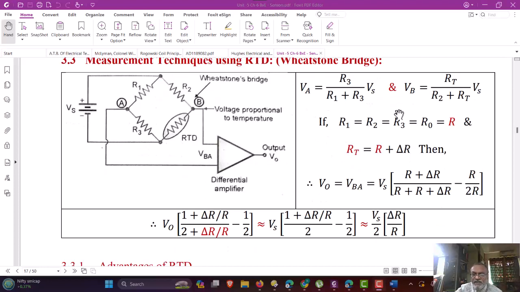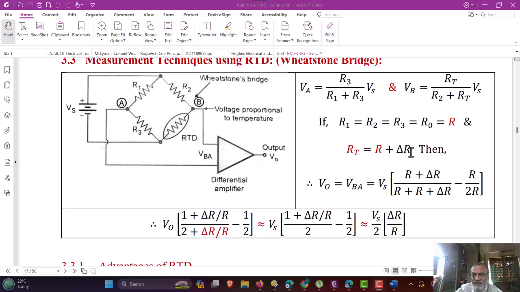In this expression, if R1 is equal to R2 is equal to R3 is equal to R0, say R, then substituting these values in the above expression gives you VA equal to R upon 2R into Vs. VB is equal to RT upon R plus RT into Vs. If RT is R plus delta R, what does it mean?